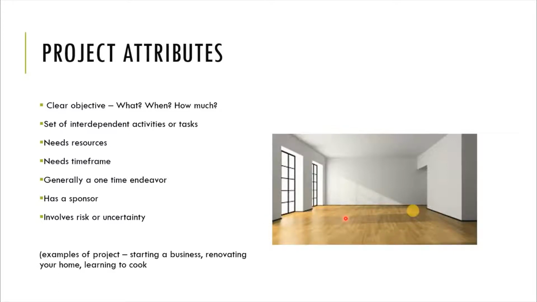So all these tasks are interrelated. Only if we sand the existing paint, we can paint a new color. Only if we remove the old furniture, we can stack in the new furniture. So everything is interrelated. That's what we mean by a set of interdependent activities or tasks.